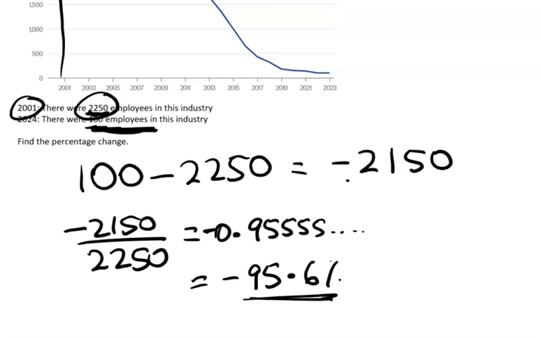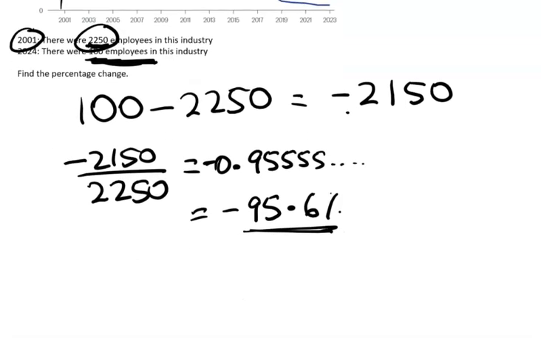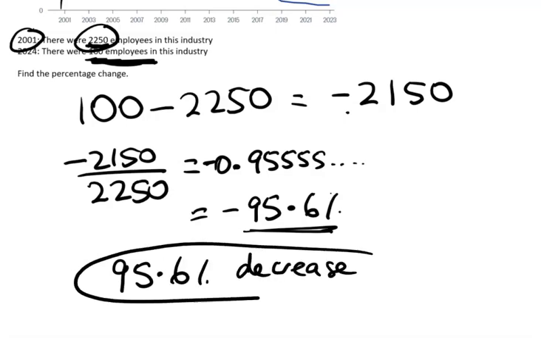Okay, so that's fine. If you're explaining that to someone who's like 10 years old, you wouldn't say anything about a negative 95.6% change. That sounds really silly. So what we want to say instead is that it's a 95.6% decrease. Okay, so that's one way to go.